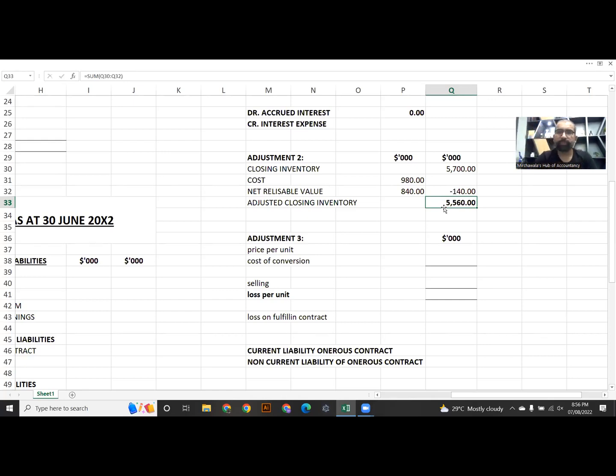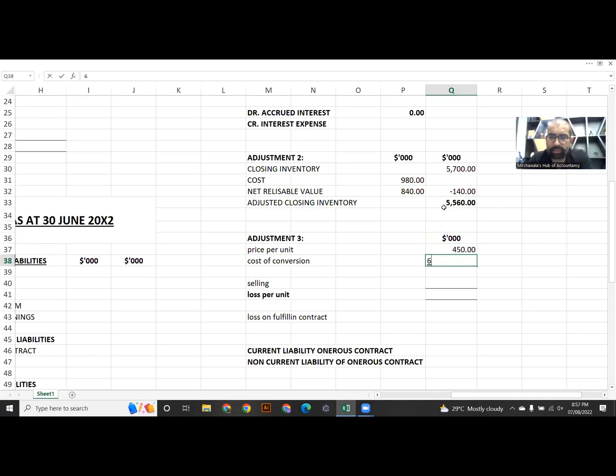Now, your third adjustment, my dear student, was about the onerous contract. Remember onerous contract? So let's do it. The original price per unit was 450.